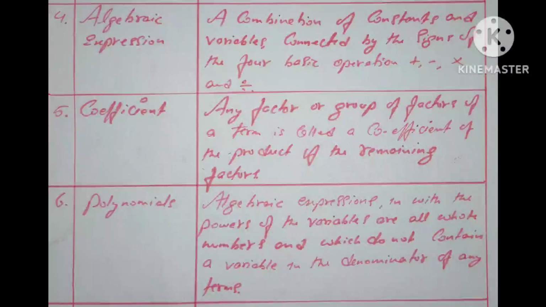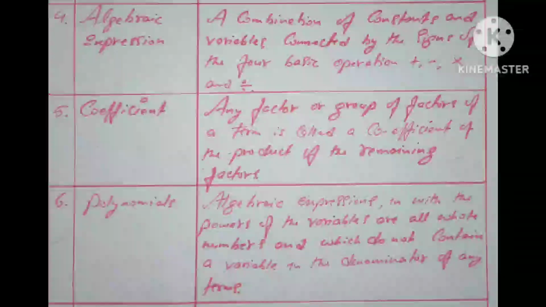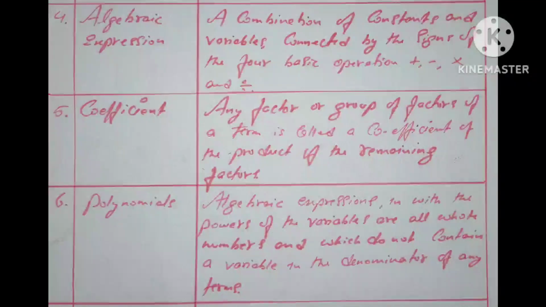Now let's move to our next term, that is coefficient or coefficient of a number. And the definition is given on the right side of the coefficient. Any factor or group of factors of a term is called the coefficient of the product of the remaining factors. Now let's see an example of coefficient.